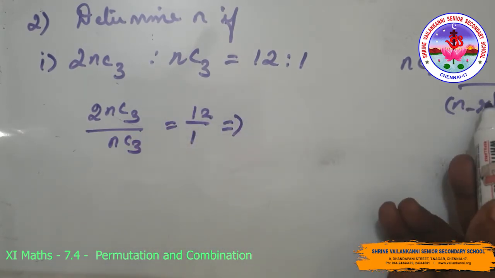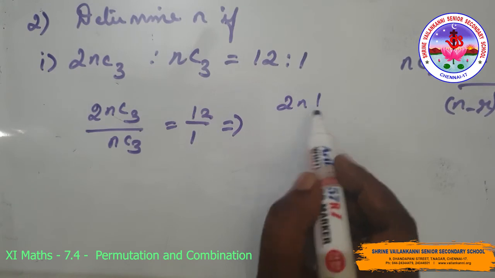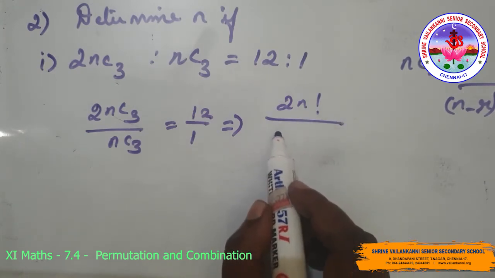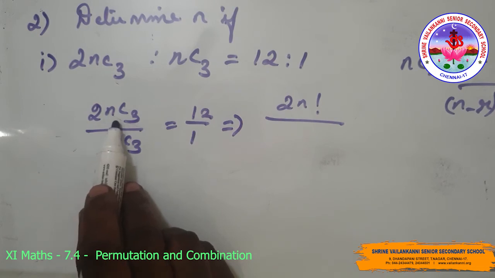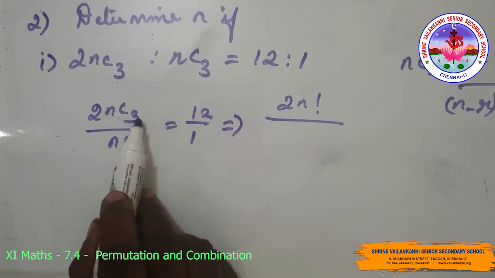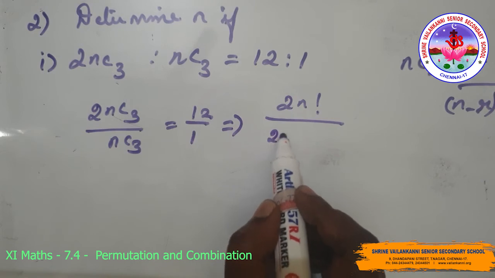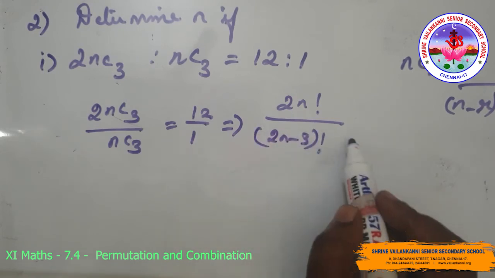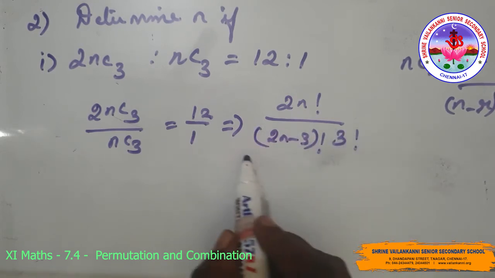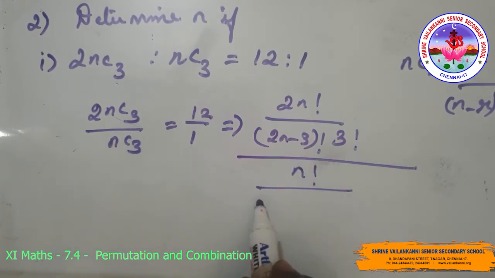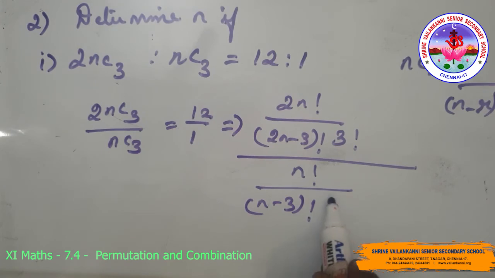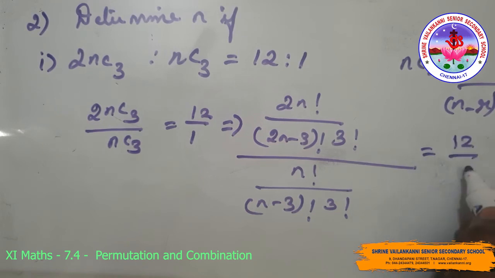Using this formula, 2n factorial by 2n minus 3 factorial into 3 factorial, where n is 2n and r is 3, by nC3, which is n factorial by n minus 3 factorial into 3 factorial. It is equal to 12 by 1.